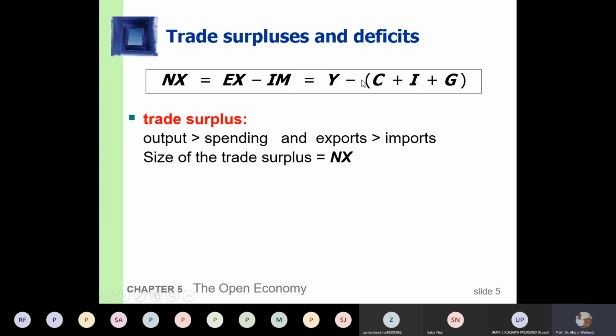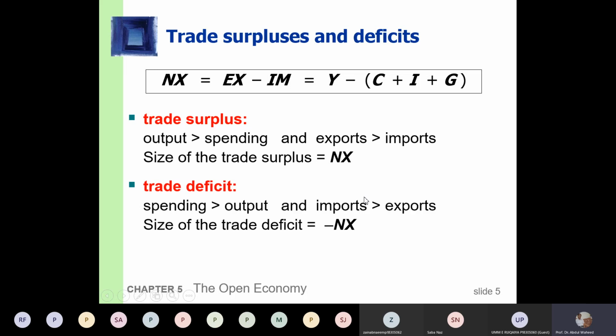So if output is more than domestic spending, we have positive net export, and positive net export means exports are more than imports, and this is called trade surplus. So we have a trade surplus if our output is more than spending and our exports are more than imports.